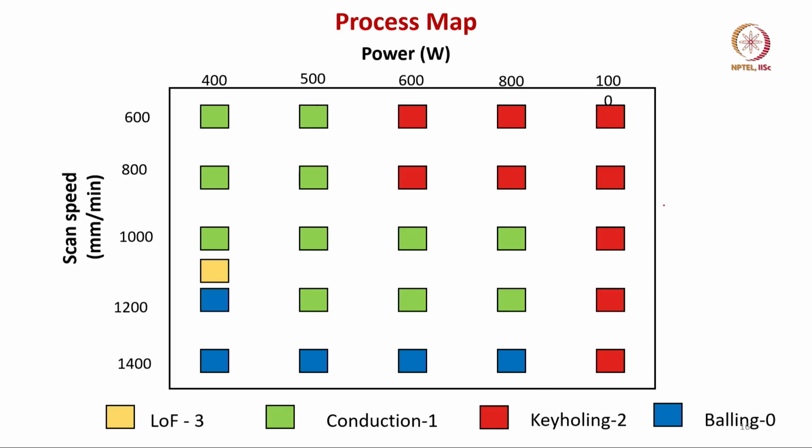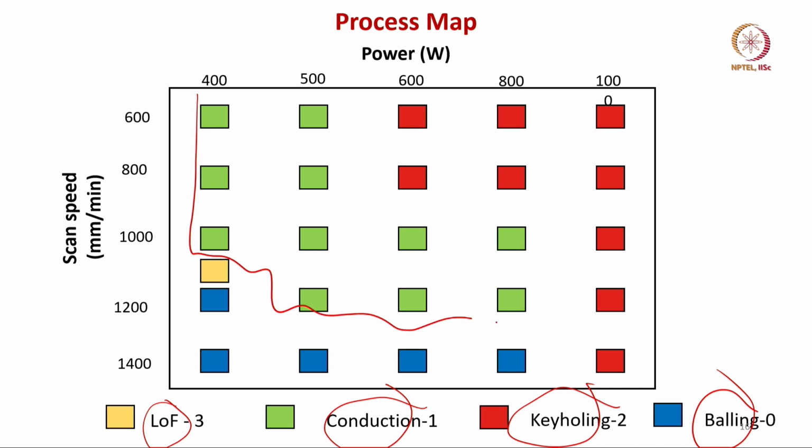Based on that, we have essentially developed the process map where you can see lack of fusion, conduction, keyholing and balling, and you can see how this process map is constructed, where along the y axis scan speed is plotted, along the x axis power is plotted, and you can see which area is essentially the conduction region.